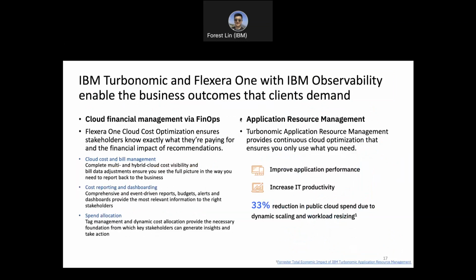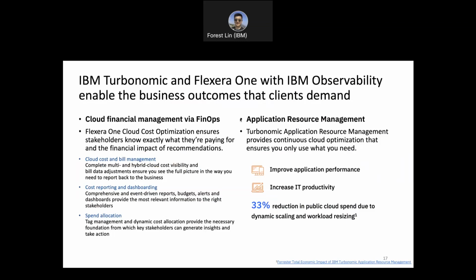Okay, this is the detailed value proposition. The left side is cloud financial management, or FinOps, and the right side is application resource management. Flexera One cloud cost optimization ensures stakeholders know exactly what they are paying for and the financial impact of the recommendations, including cloud cost and billing management, cost reporting and dashboarding, and spend allocations.